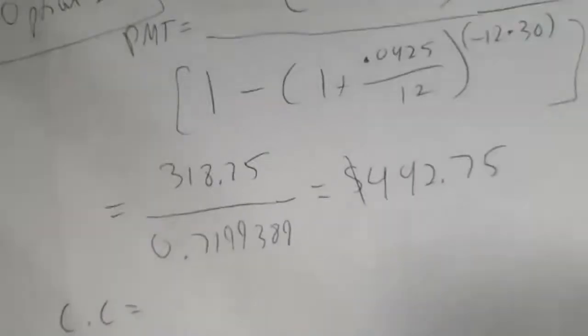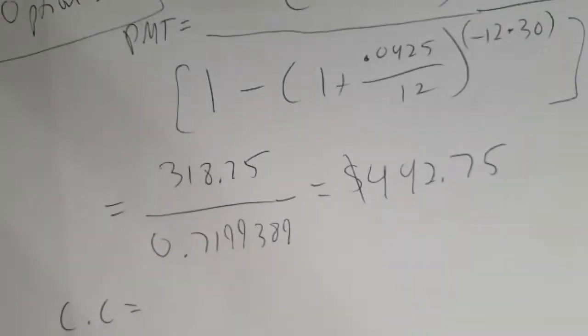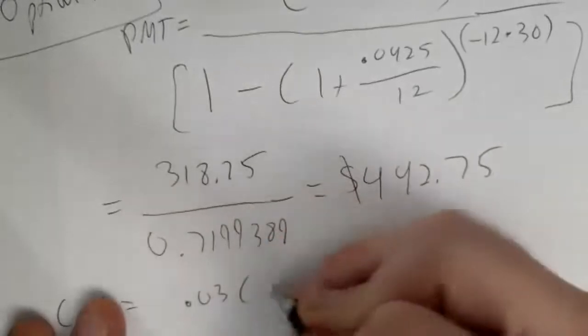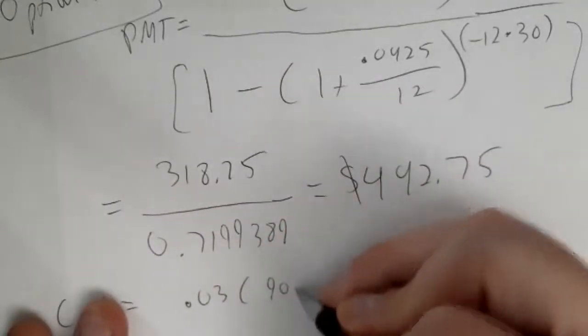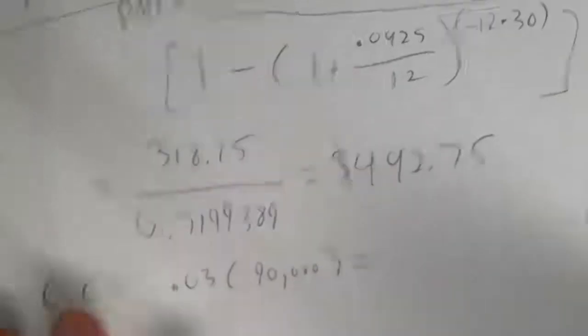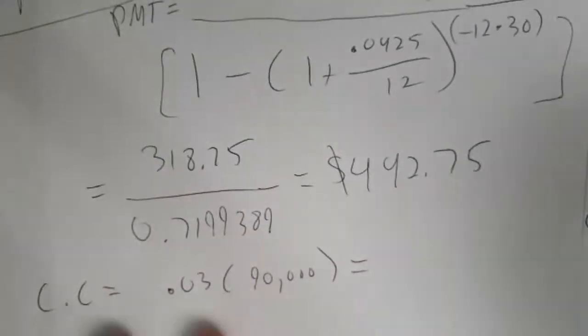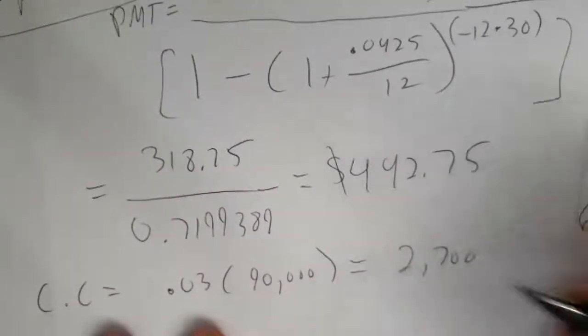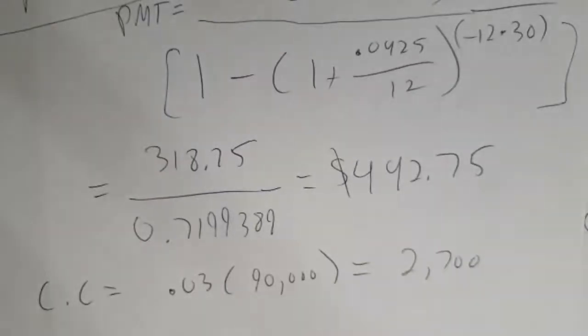So my closing cost, this one says $1,000 plus 3 points. If we're doing 0.03 on 90,000, we're doing 3% of 90,000. That should give me 2,700. And so I'm doing $1,000 plus this 2,700.